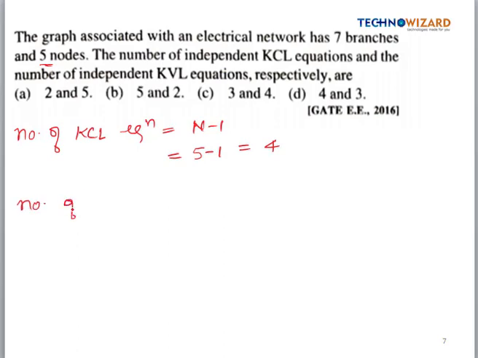The number of KVL equations is B minus n plus 1, which is 7 minus 5 plus 1, equal to 3. So option D is correct.